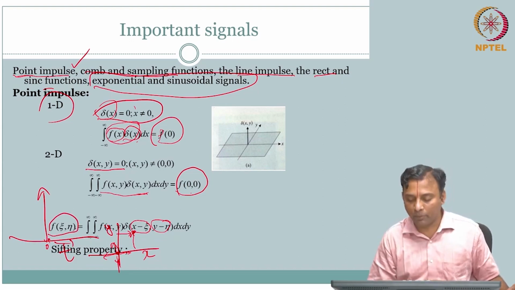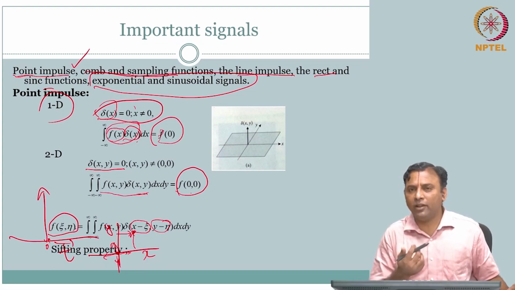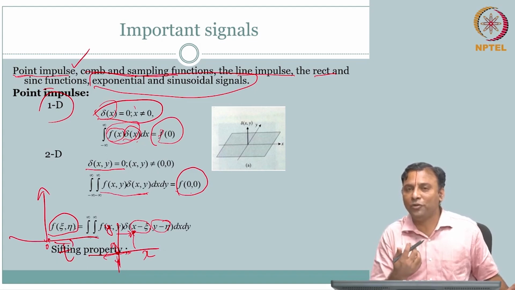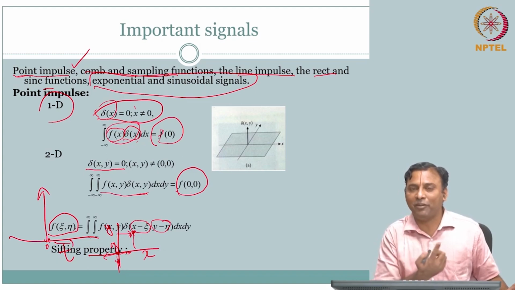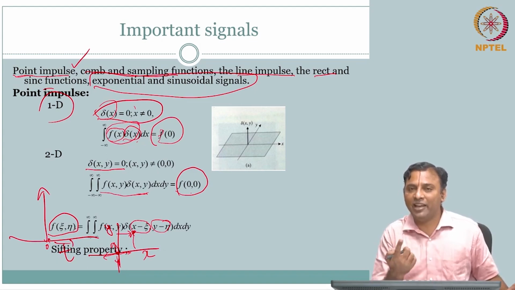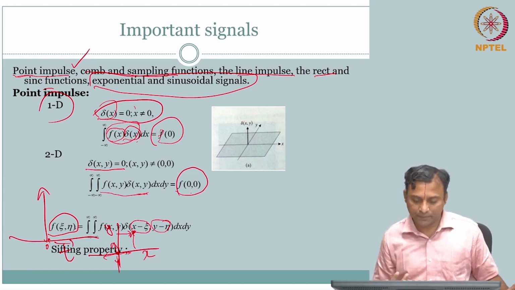This is the shifting property. As we go further, I think this is all 1D equivalent. If you had already appreciated the powerfulness of delta functions in 1D, with delay and whatever you're pulling, especially in the linear systems concept, this is a straightforward extension.